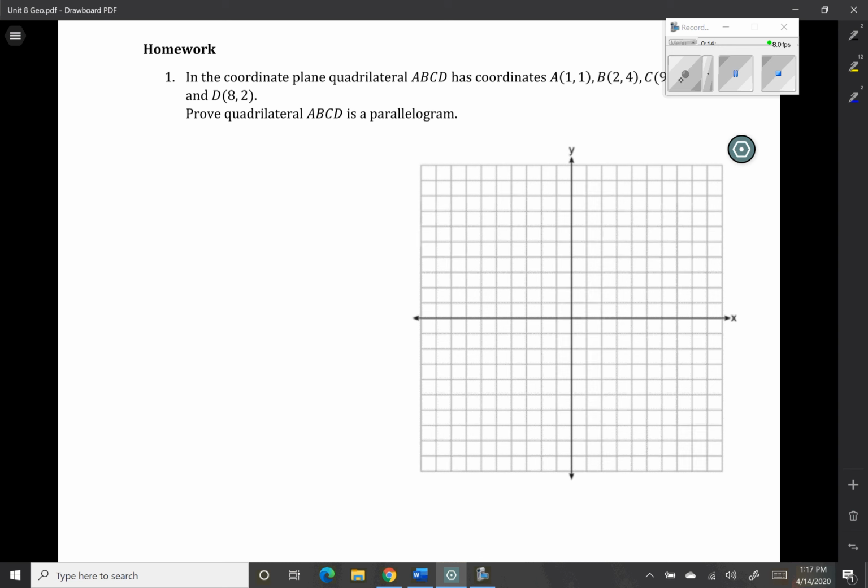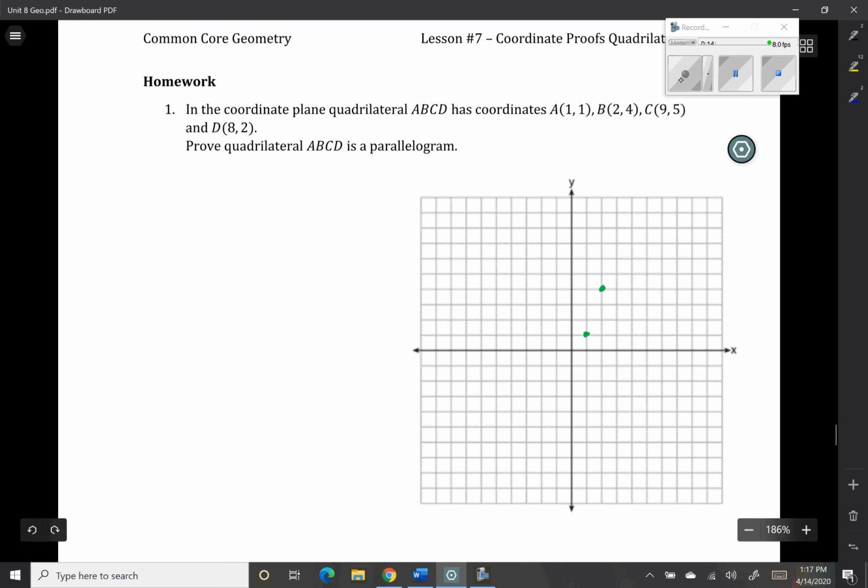All right, so hopefully you paused the video, you tried this question on your own, so welcome back. First thing you want to do here is graph your points. And 8, 2.